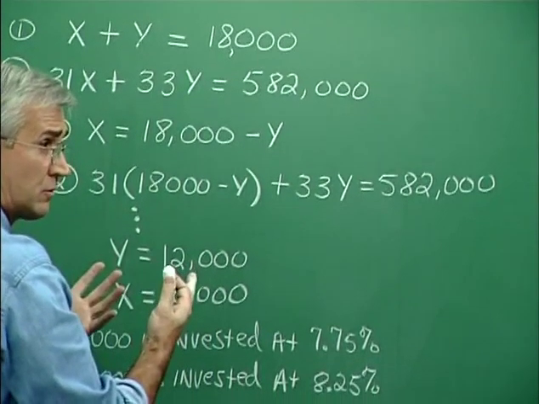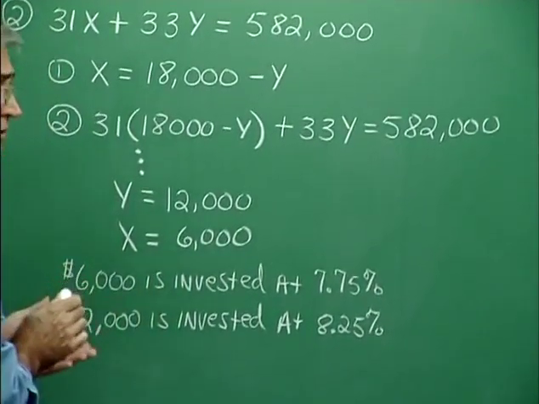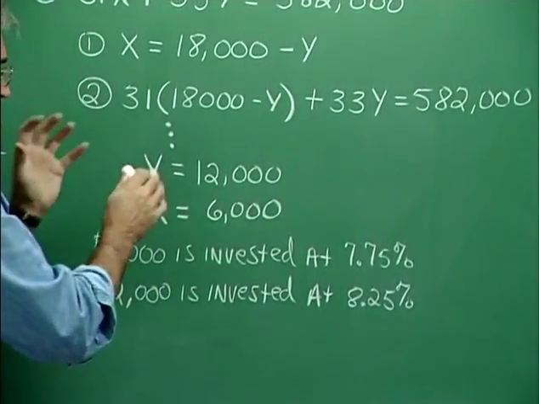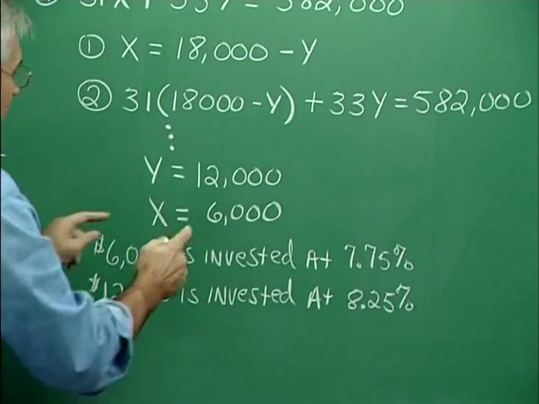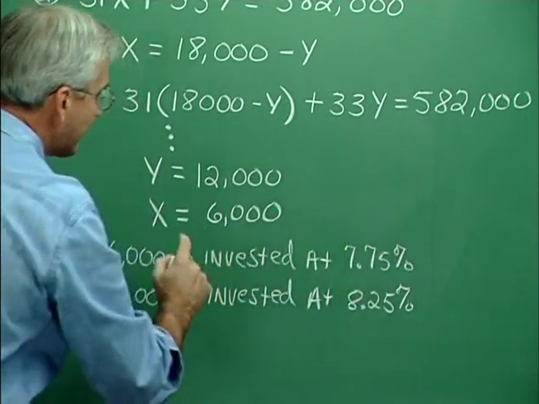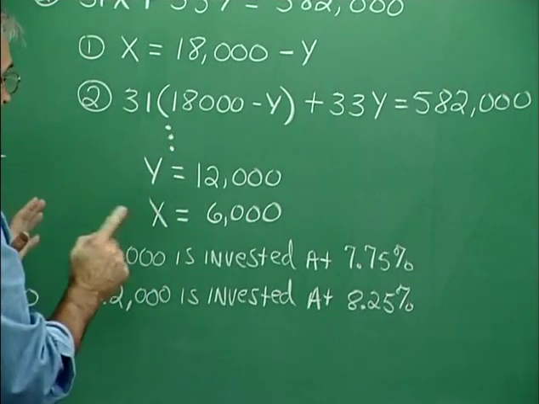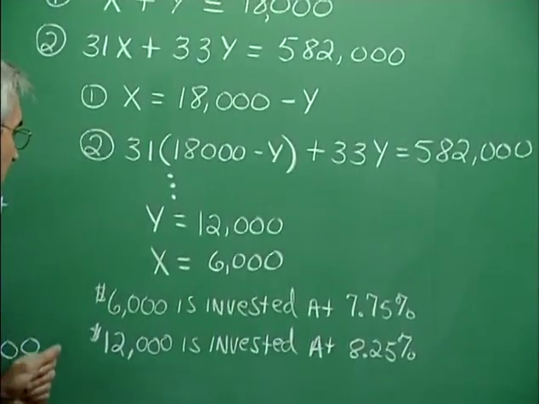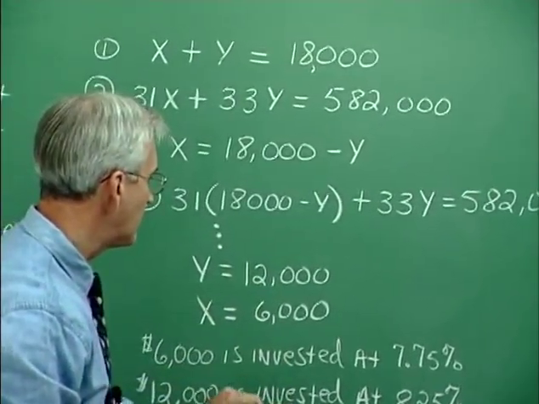Now, with word problems particularly, we need to make some kind of interpretation. We need to kind of look back at the original problem to see where our labels were, to see that $6,000 was the amount invested at 7.75% and that Y was the amount invested at the other interest rate. So we write our answers kind of like this. And we're pretty much finished.